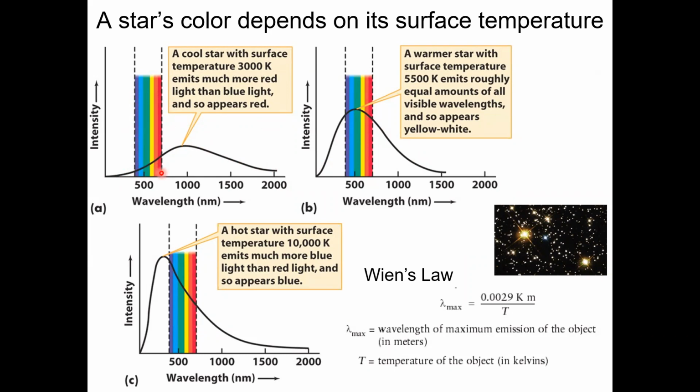Okay, I think you are following what I'm trying to explain here. This curve is the emission curve of the star, whatever star. Some stars are like that, some stars are like that, some stars are like that.